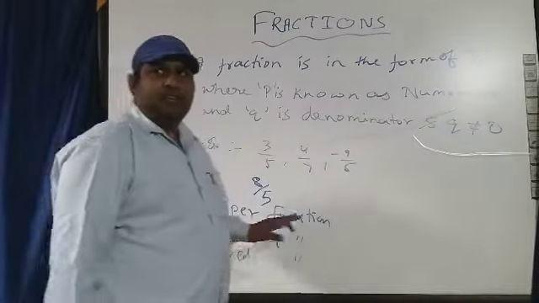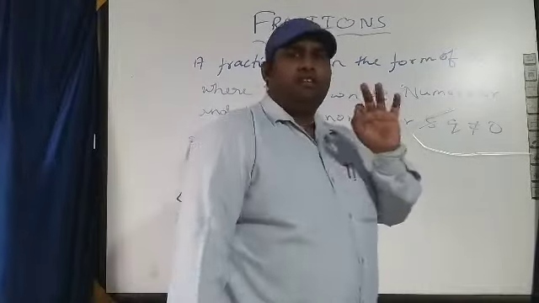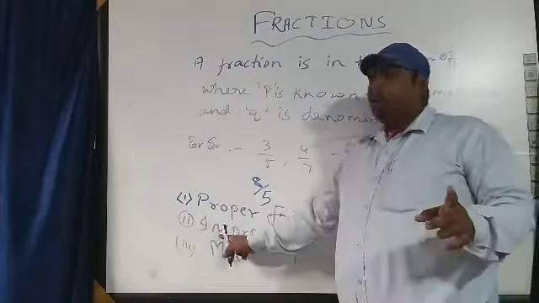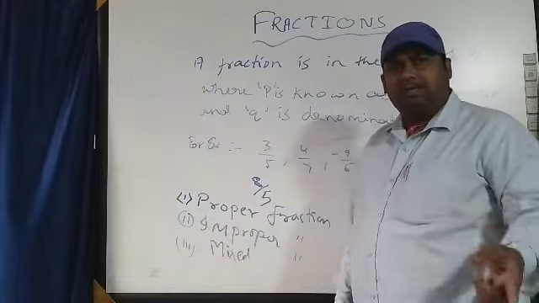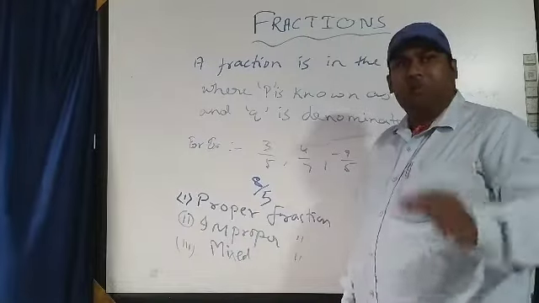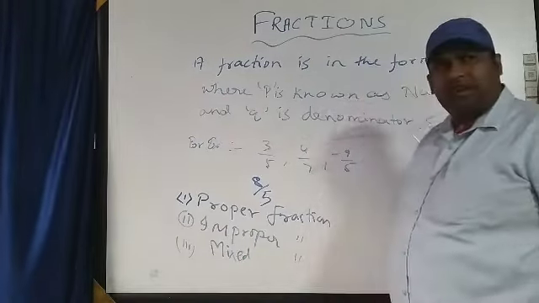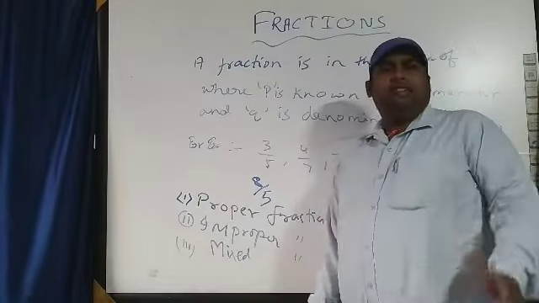What is a proper fraction? A fraction in which numerator is less than denominator. Improper fraction: a fraction in which numerator is more than denominator. Mixed fraction: a fraction with a whole number.